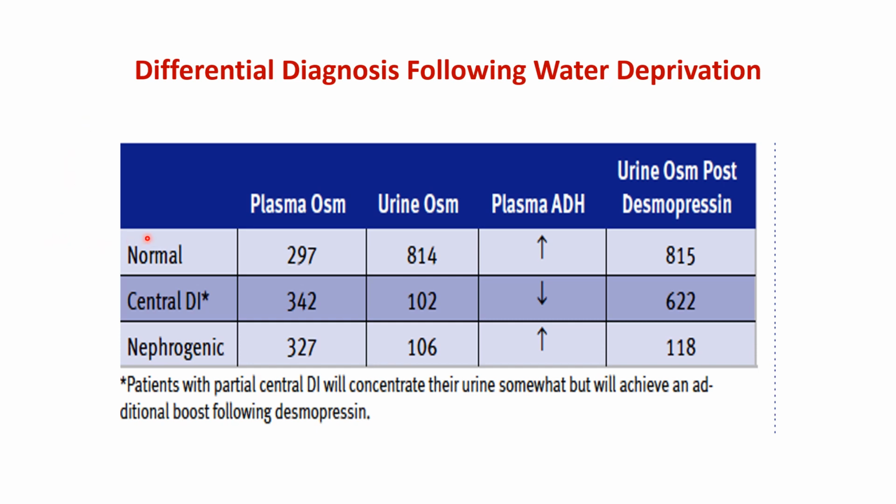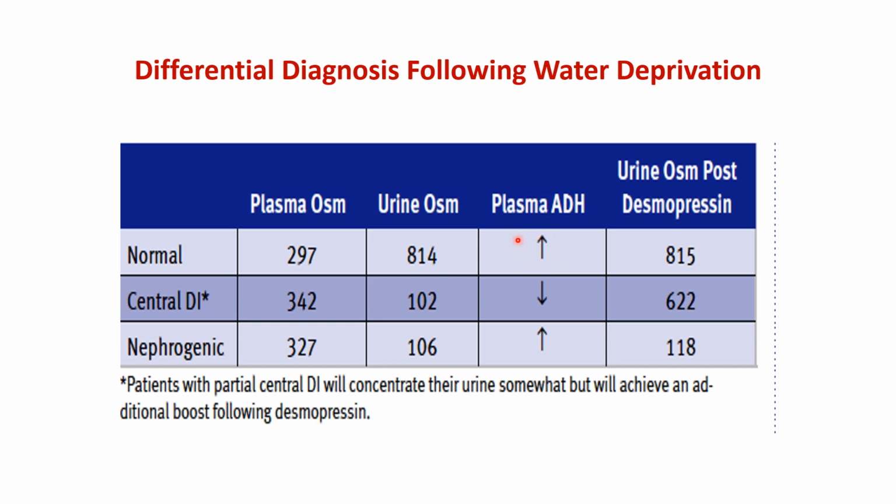So let's say this is the normal person. You measure the plasma osmolarity. It's 297. It's fine. Urine osmolarity is normal. And you measure the plasma ADH level. It is there.